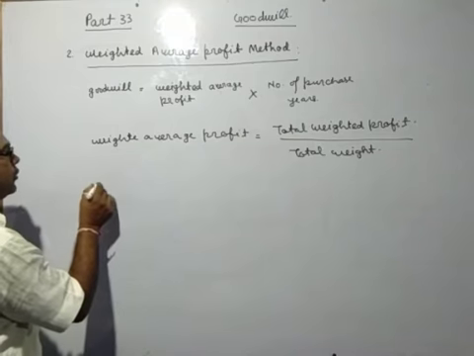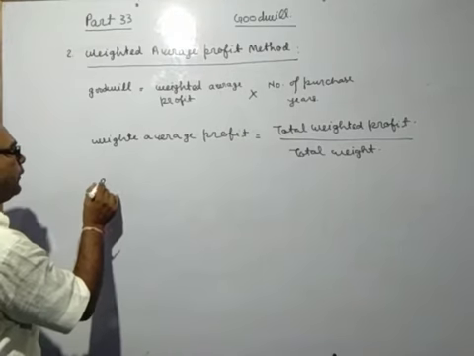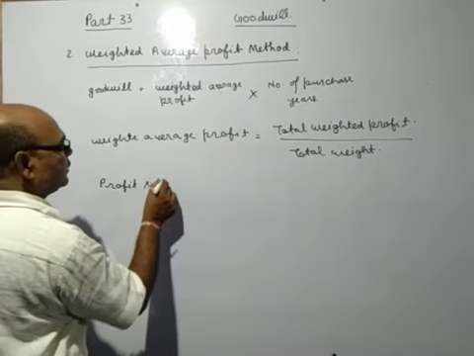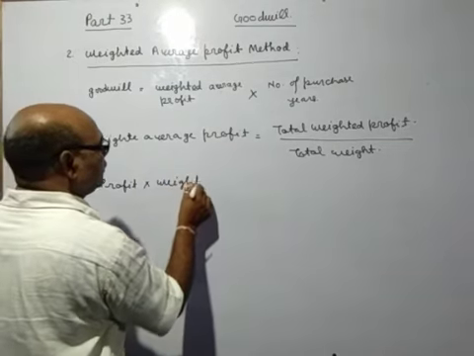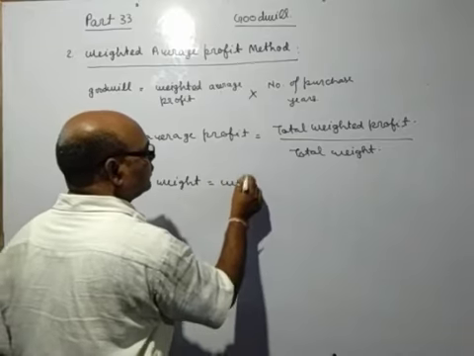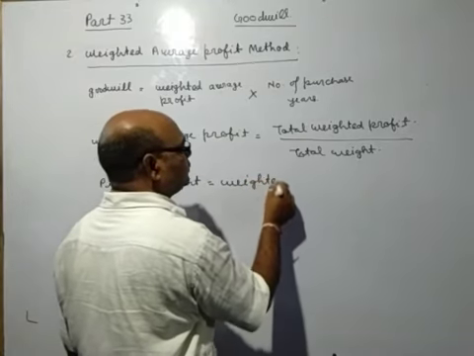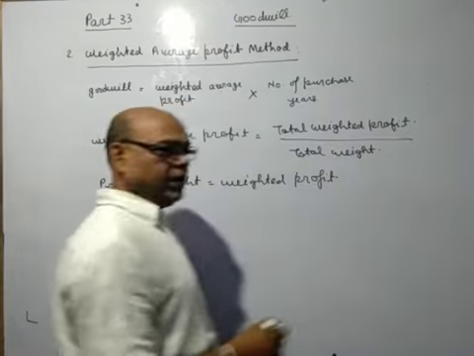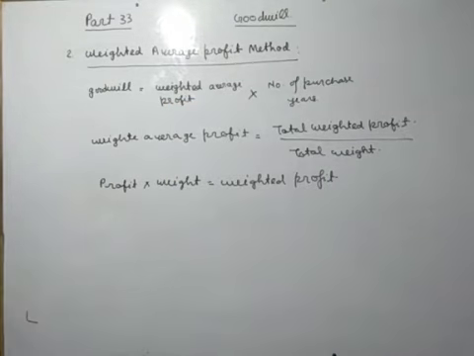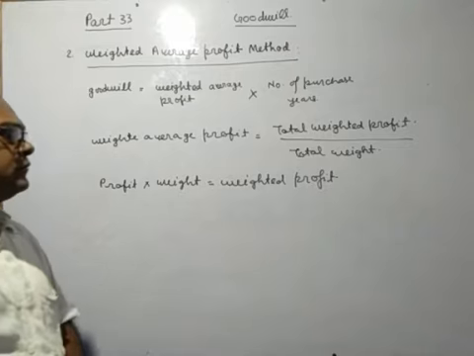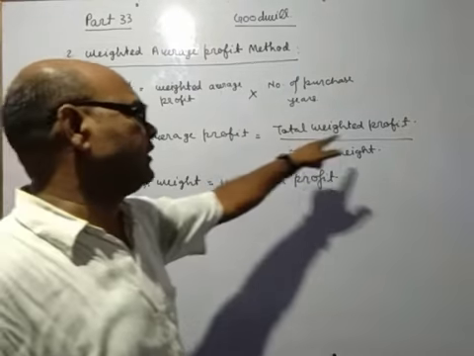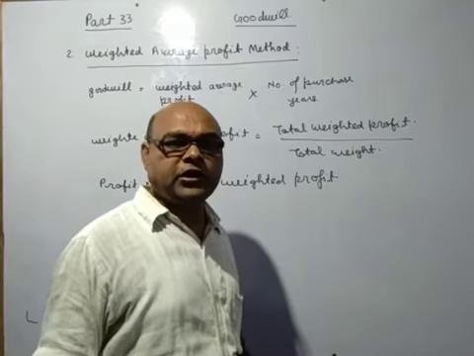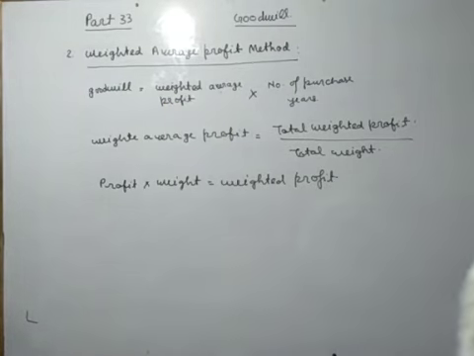Profit into weight is called weighted profit. When you make the total of this weighted profit, that is called total weighted profit. When you make the total of the weights, that is called total weight.